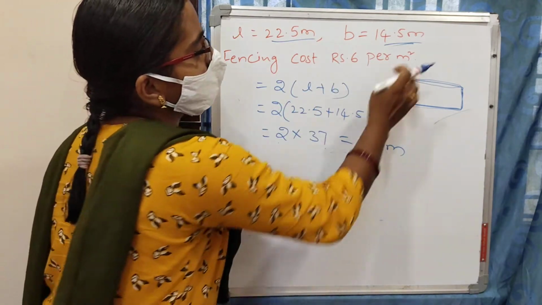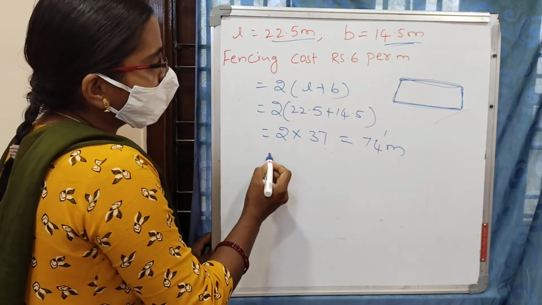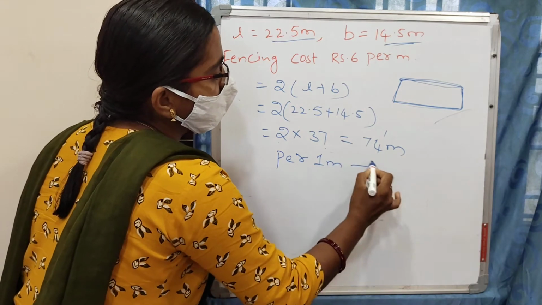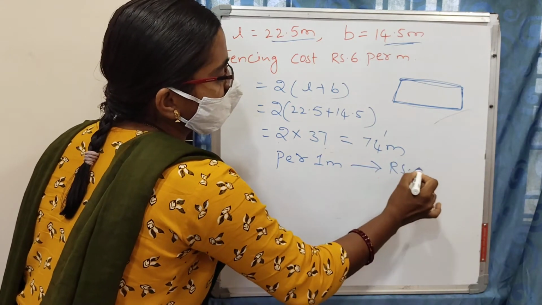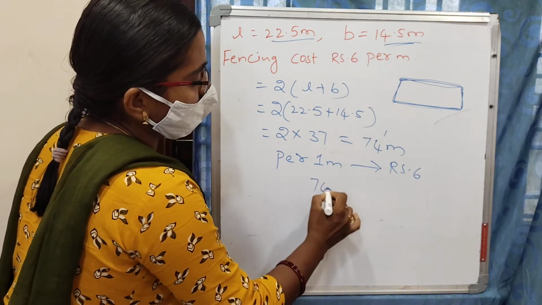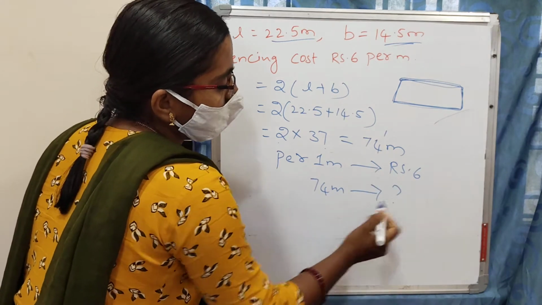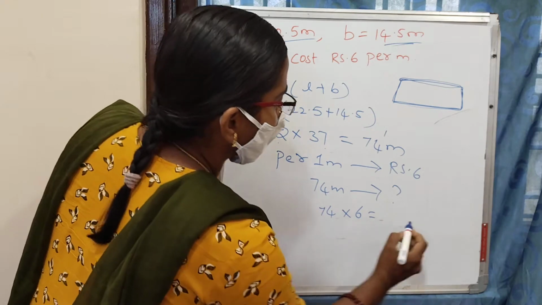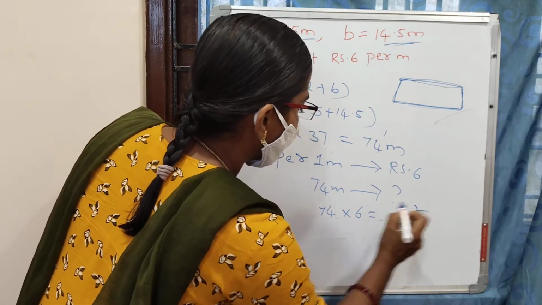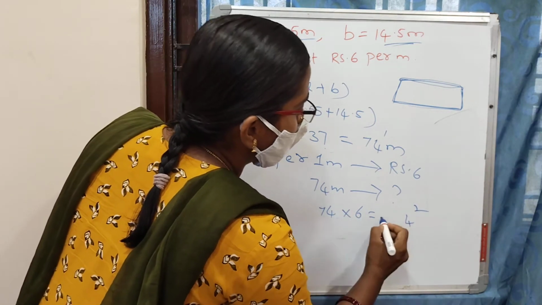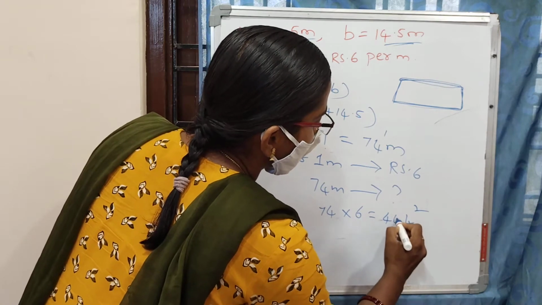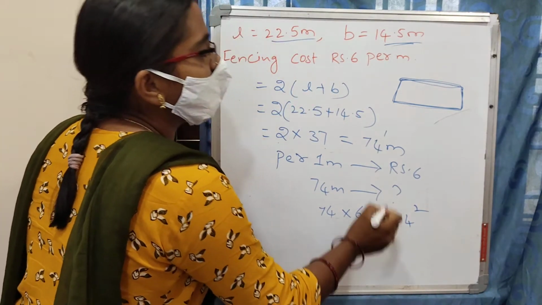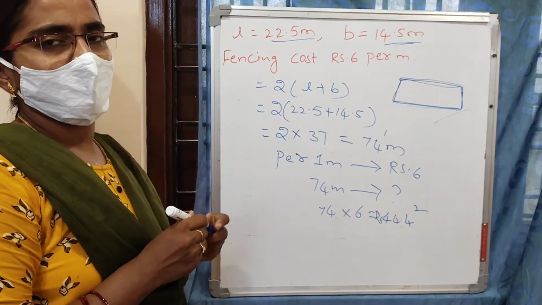For 1 meter, the cost is 6 rupees. Then for 74 meters, we just multiply 74 into 6. 6 fours are 24, 6 sevens are 42 plus 2 is 44. So 444 rupees for fencing around that rectangle.